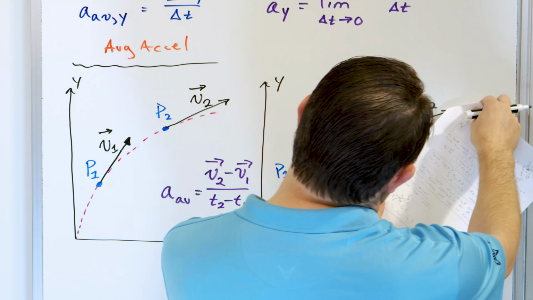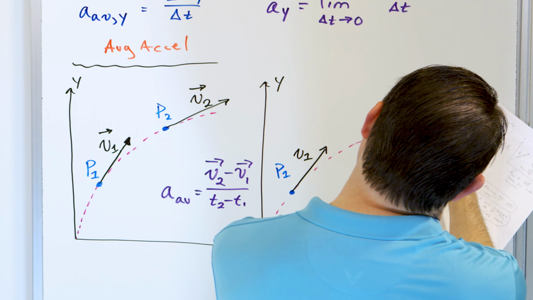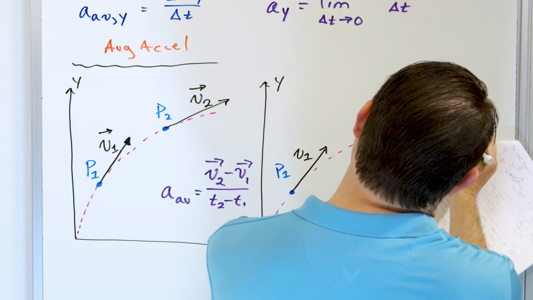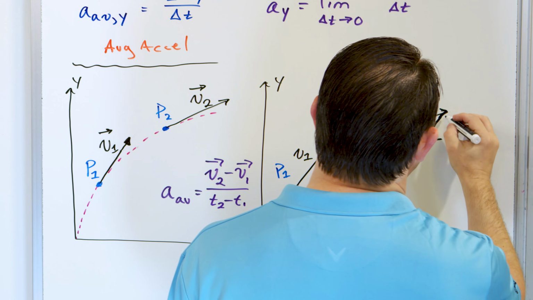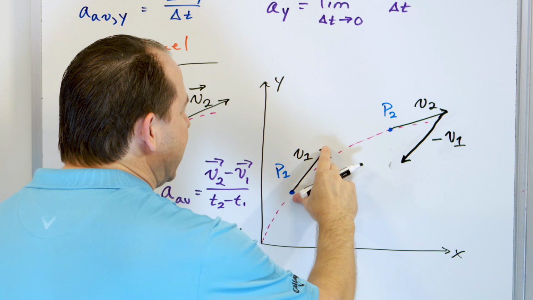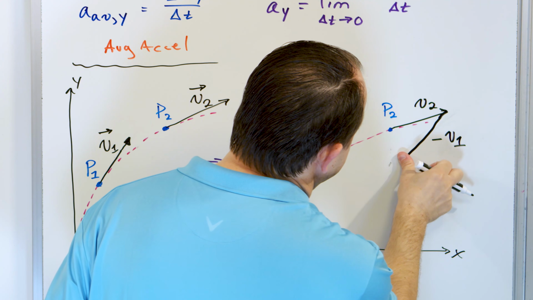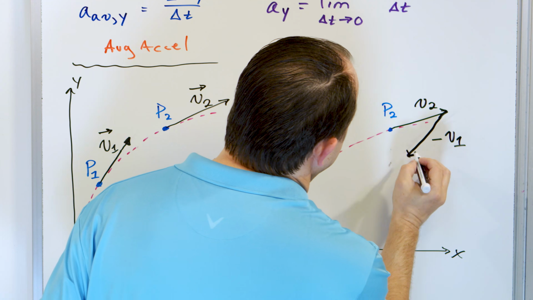If we do something like this, it's going to be something like this, and this is negative V1. Okay, that's pretty close. So we take the same length, we flip the arrow around, and we put it head to tail. I think I made this one just a little bit too long.